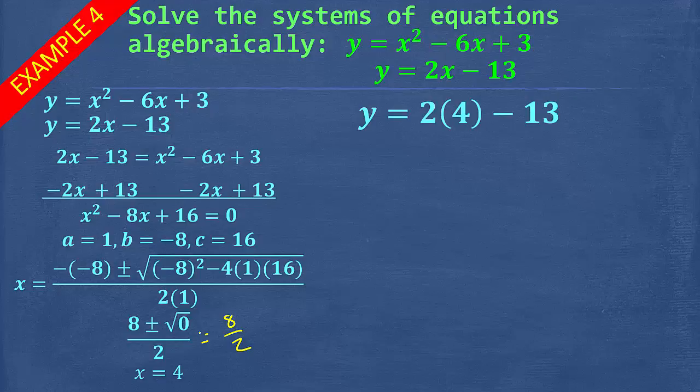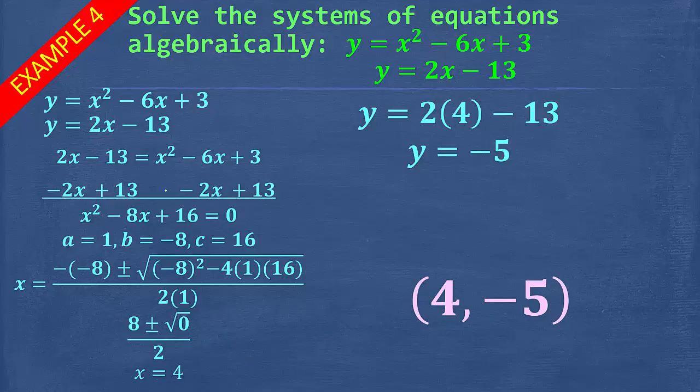2 times 4 minus 13 is going to give you negative 5, so your solution is (4, negative 5). Now, I did notice that this right here is a perfect square. That can simplify if you notice that, and it happens. So you can take x squared minus 8x plus 16 and make that (x minus 4) squared.